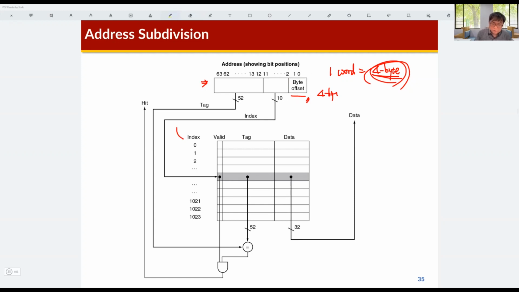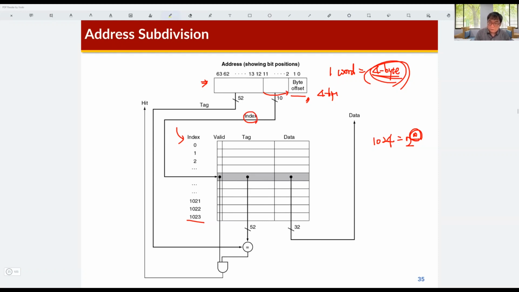And then if we look at the number of entries in the direct mapped cache, this example shows that there are 1024 entries in this cache. 1024 entries is 2 to the 10, which means we can use 10 bits of the low part of the address as the index.